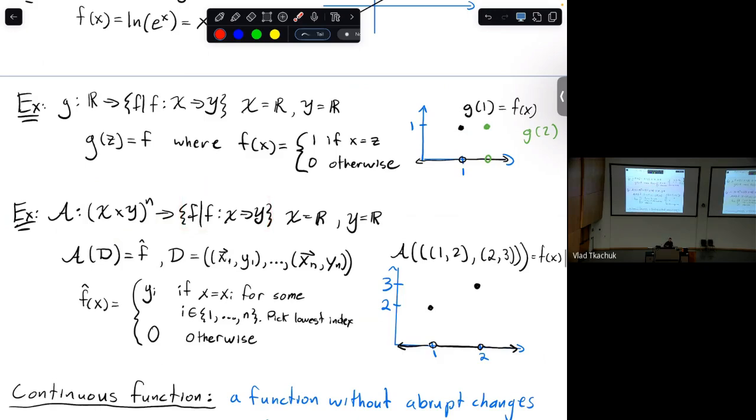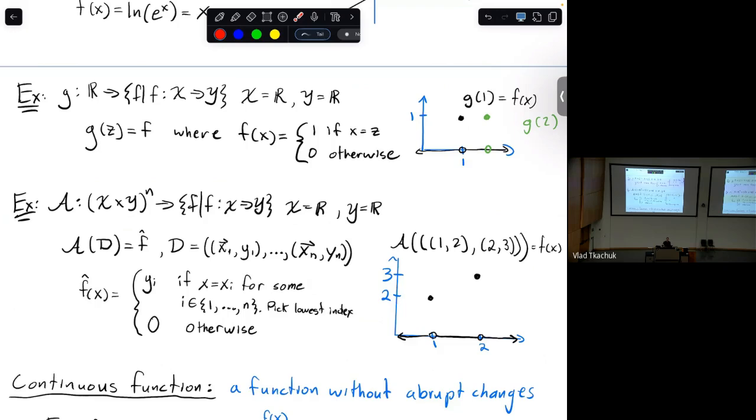I've already given this example earlier, but we're going to review it again, maybe with this new notation so it makes more sense. This is the kind of learner that memorizes the data set. Roughly speaking, your learner, your A, is going to take in a data set, and the function it outputs is one that, if you get a new feature, looks at your data set: does my data set contain the feature?